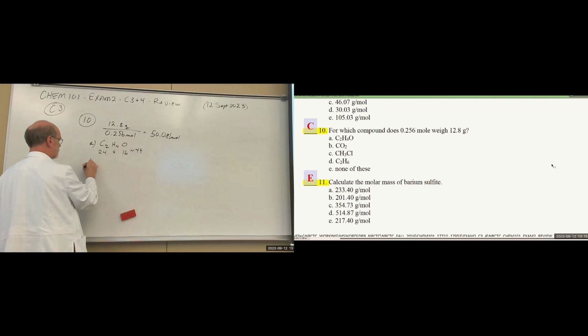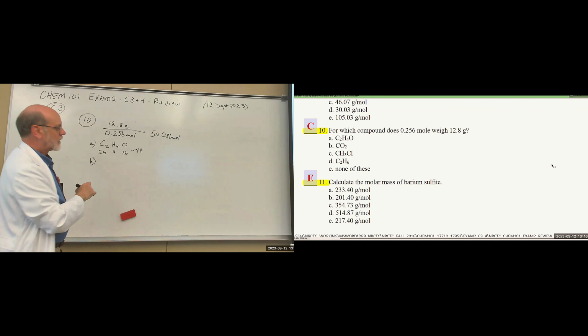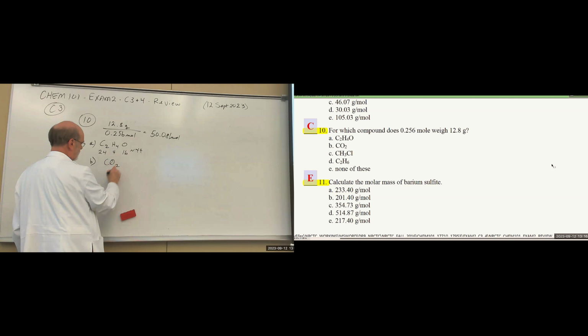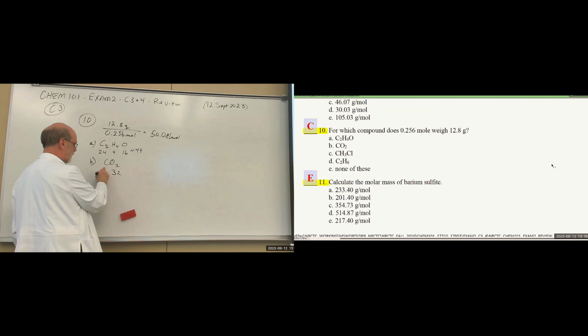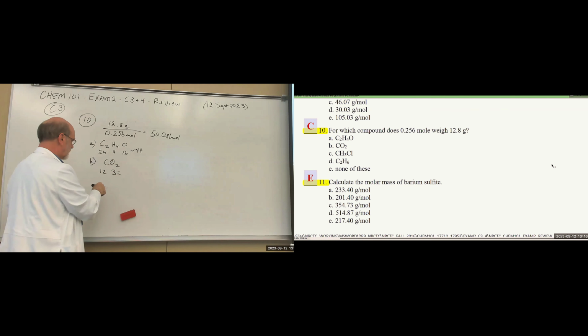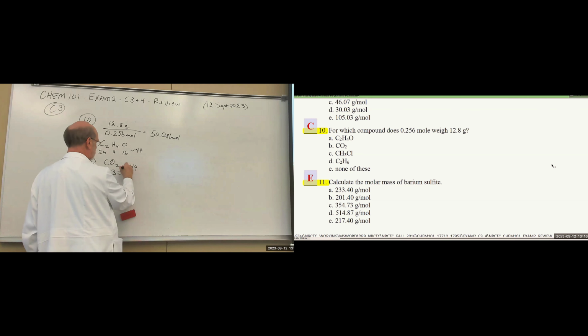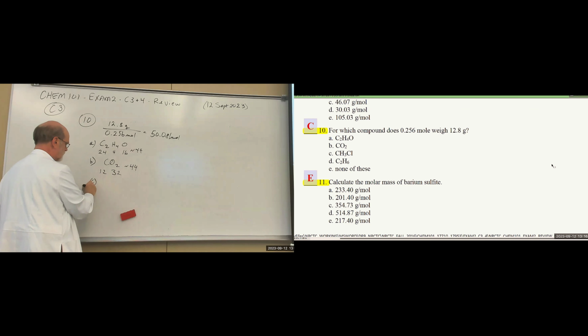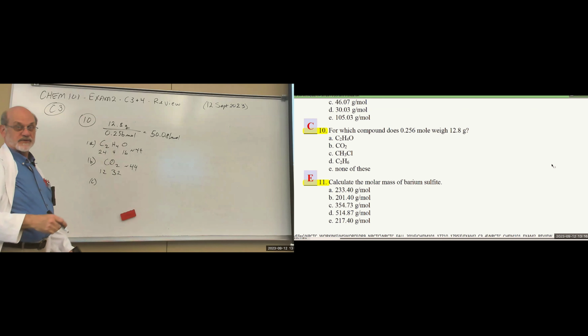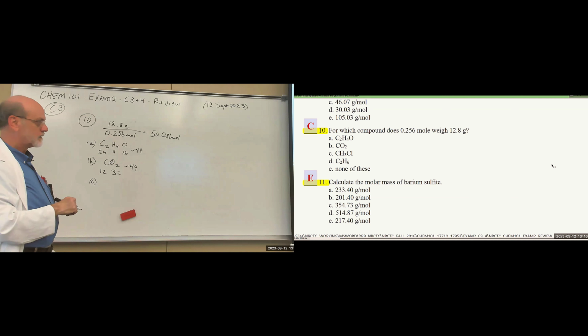Approximately 44. That's not it. Carbon dioxide. 2 times 16 is 32, and 12, approximately. So that's 44 again. Everybody see what I'm doing here? I'm saving time on the test.